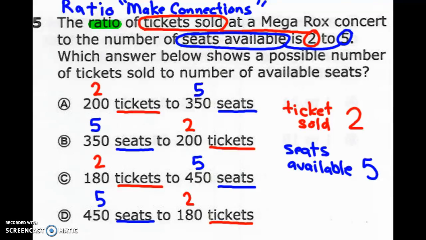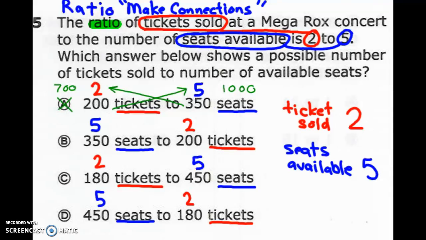How do I check what is the same? I'm going to be cross multiplying. So 350 times 2 is 700. 200 times 5 is 1,000. Those are not the same numbers. A is not my answer.